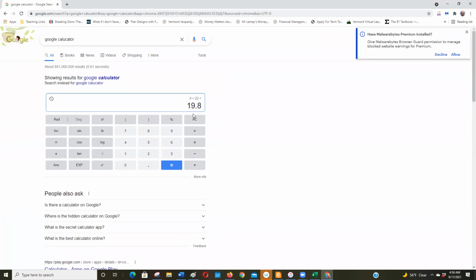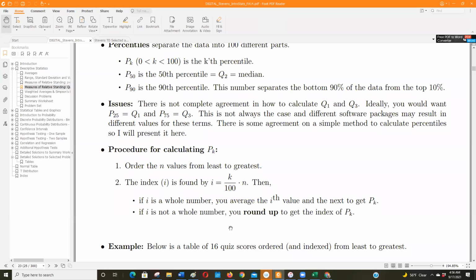I'm getting 19.8. So if we come back and look at Dr. Stevens' methodology here, if the index number that gives me the 90th percentile is not a whole number, then I'm going to round up and use that index number's value as the percentile.